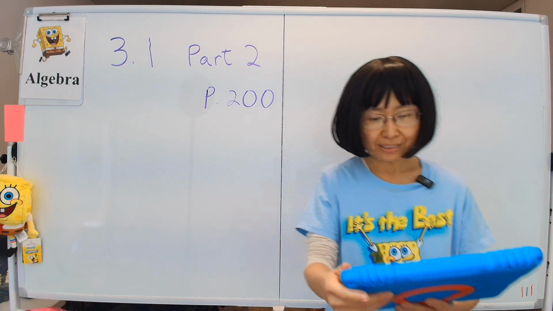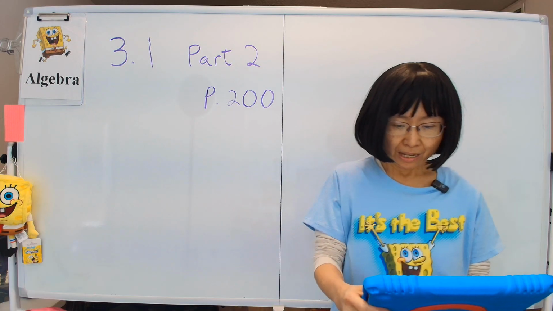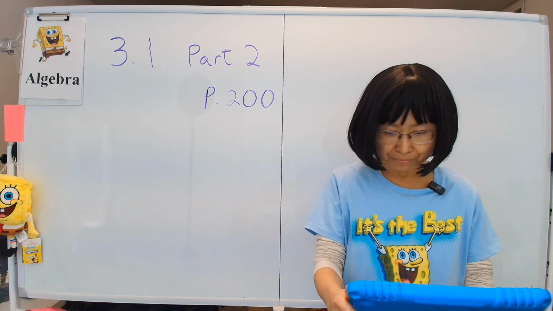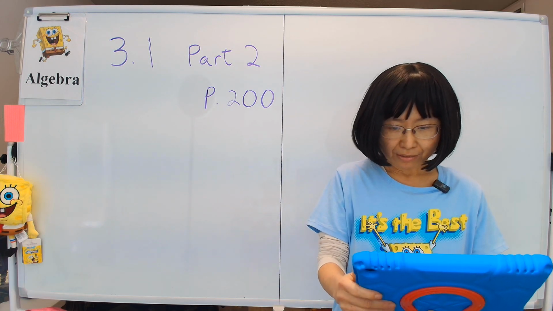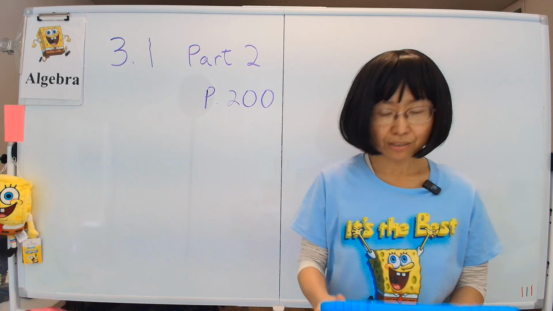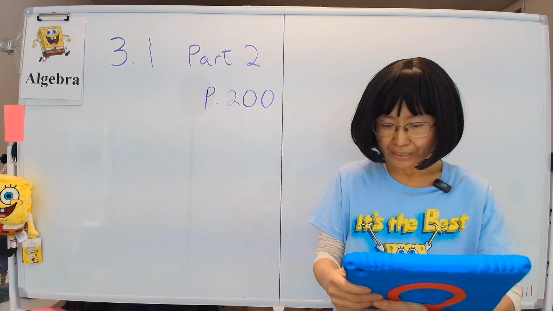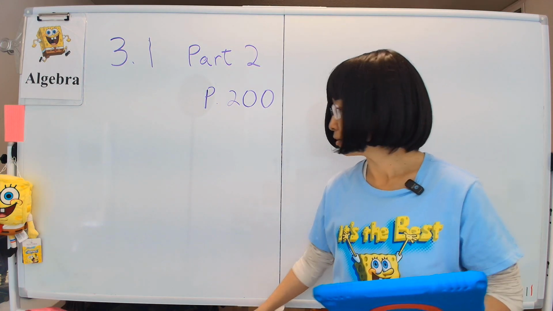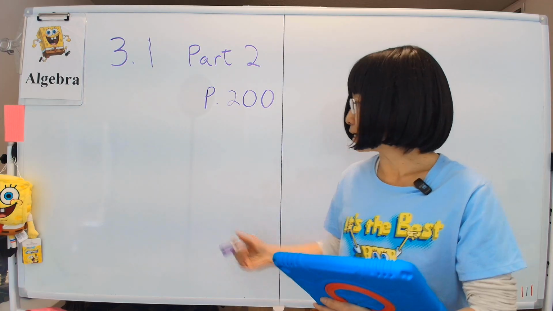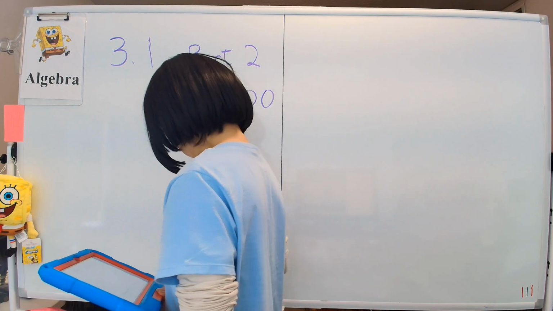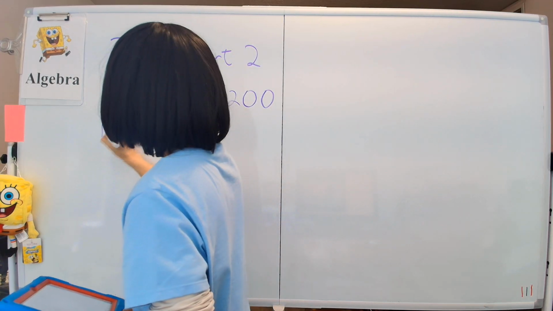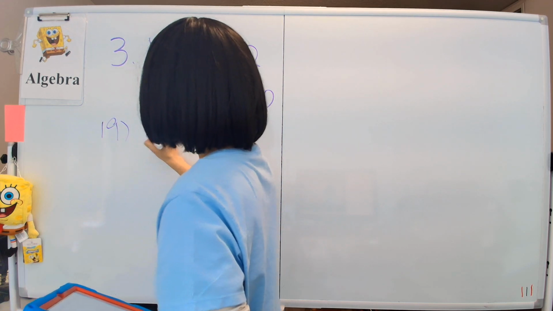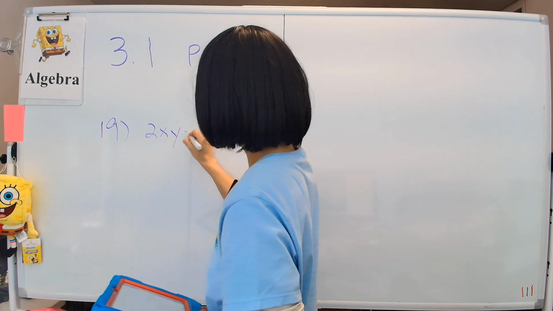So now that you're done with homework, let's talk about it. First, I want to talk about problem 19. We just need to know if y is a function of x. So problem 19, we have 2x times y equal to 1.